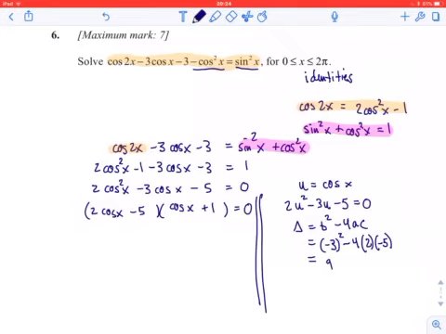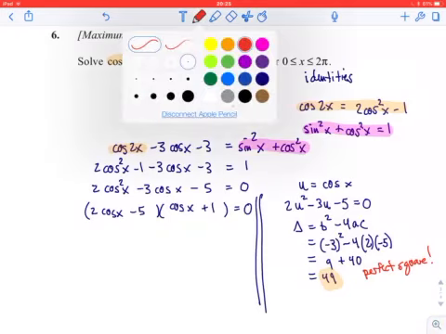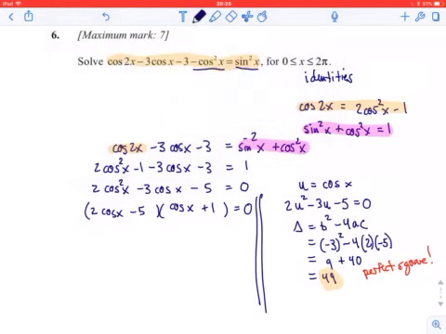So this becomes 9 minus 4 times 2 times negative 5, which becomes plus 40, or just 49. And when the discriminant is a perfect square, we should get excited because perfect square means that we can factor this. Okay, factoring a quadratic is always preferable to using the quadratic formula if we can.